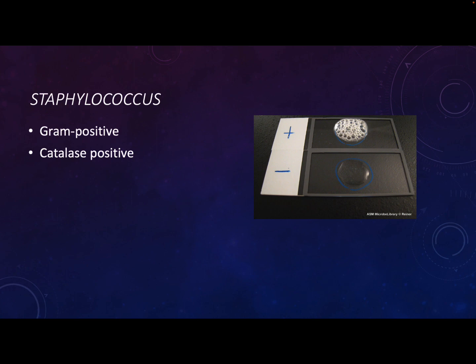So granulocytes can dump hydrogen peroxide, phagocytic cells within the phagosome can have hydrogen peroxide, and other reactive oxygen species. So if a microorganism is able to break it down, that is very helpful for them.